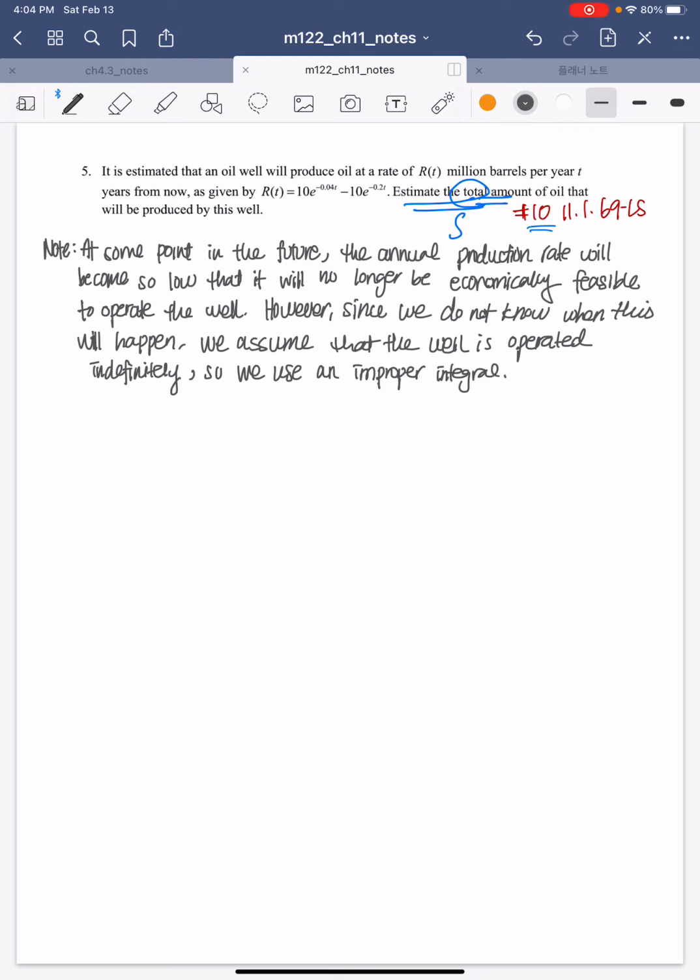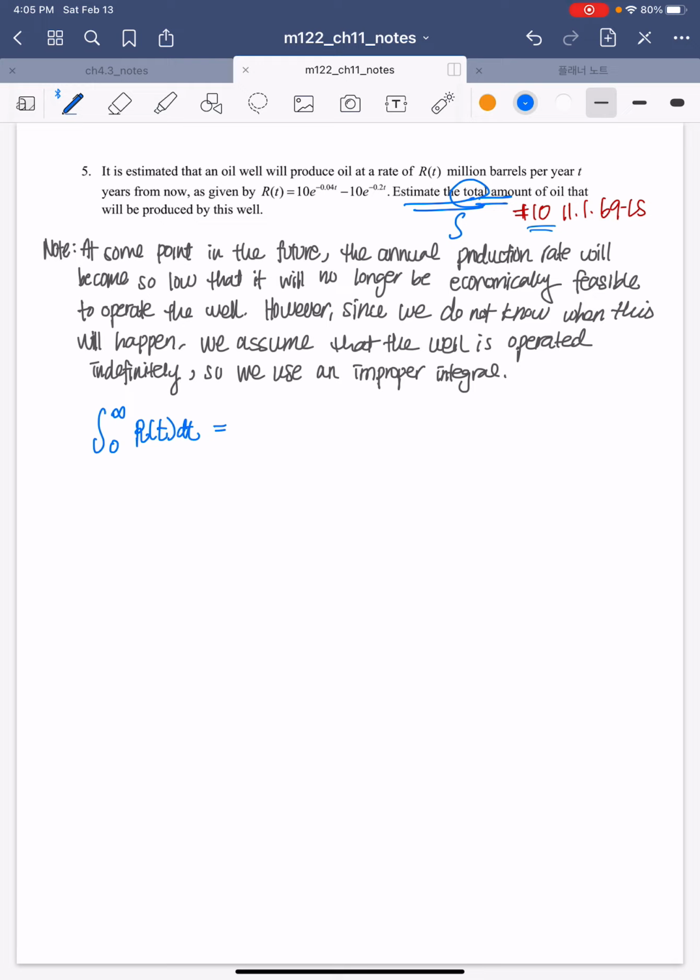Okay, so this is what we are doing: from 0, counting that this is the year now, all the way up to a certain point in the future, but in our case, we will assume that it works indefinitely, of our rate function.